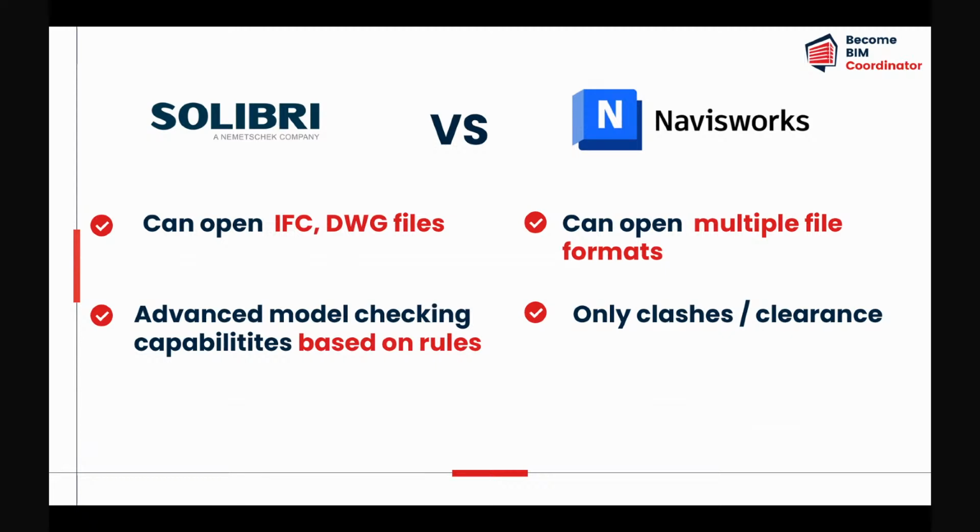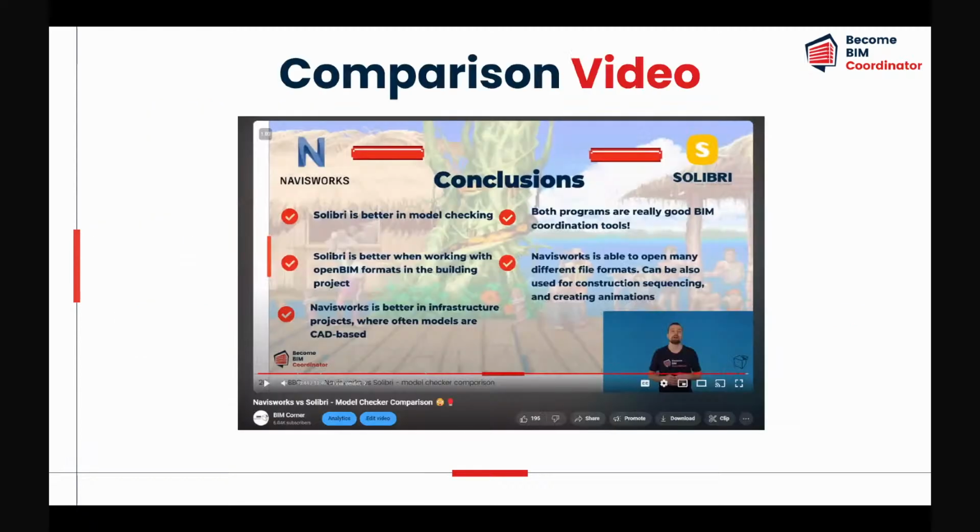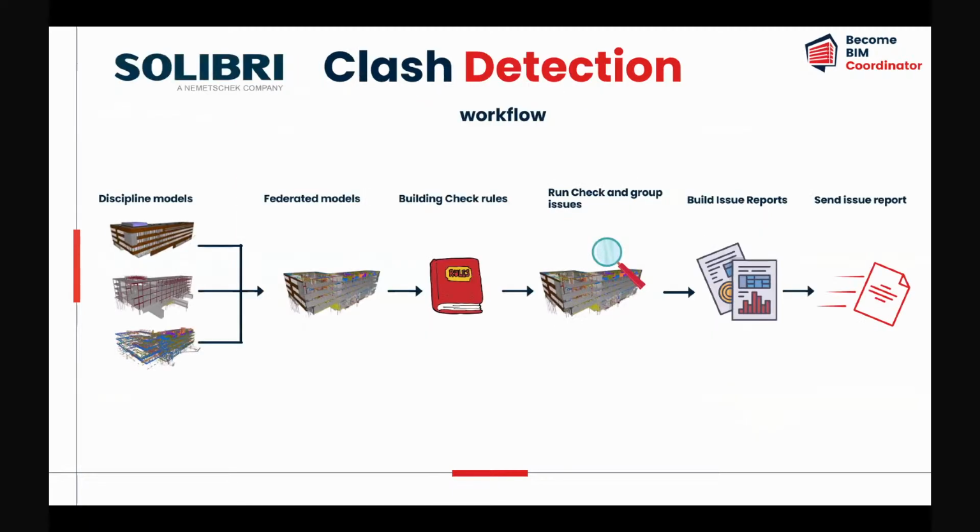And for those who are interested in the comparison between those two applications, feel free to go to the BIM Corner YouTube channel. There is a video about it, where I dive a bit deeper into this. And before we dive into Solibri, I wanted to present a Solibri clash detection workflow, which is very similar to the one I showed with Navisworks.